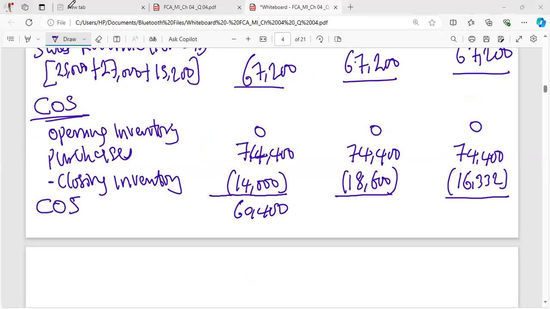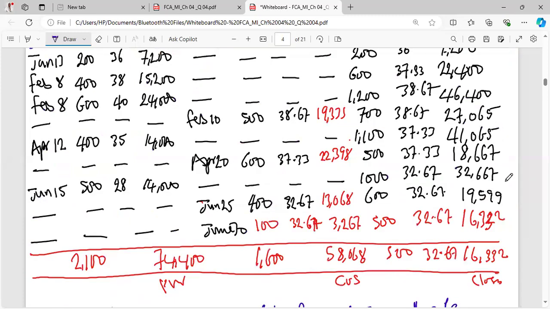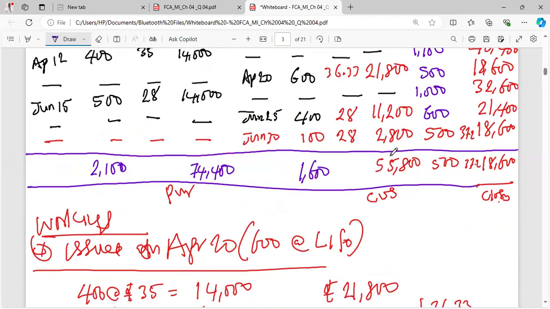We have 74,400 minus 18,600. 55,800. Let's write that. Let's verify if that is what we got as our cost of sales. 55,800.